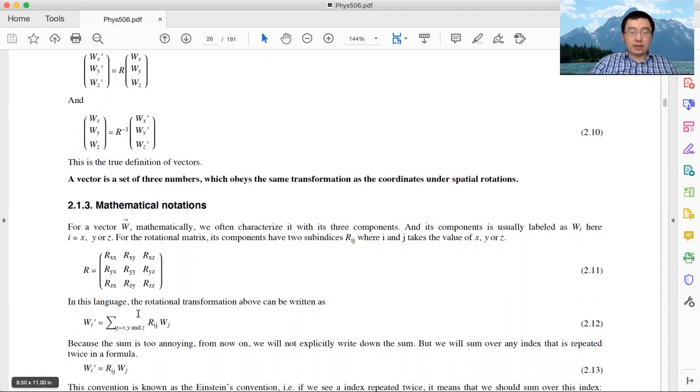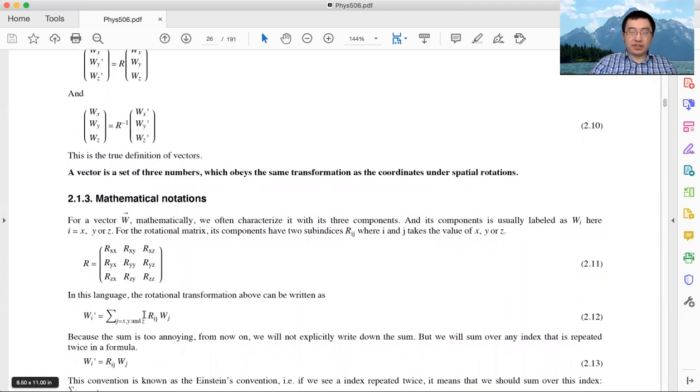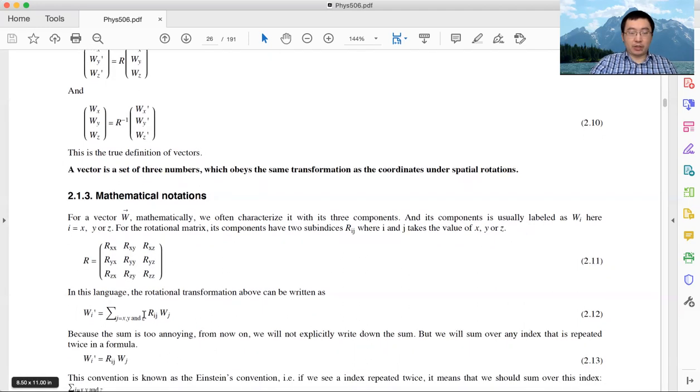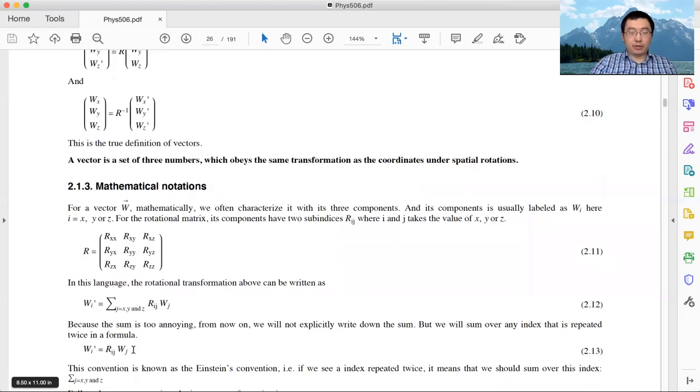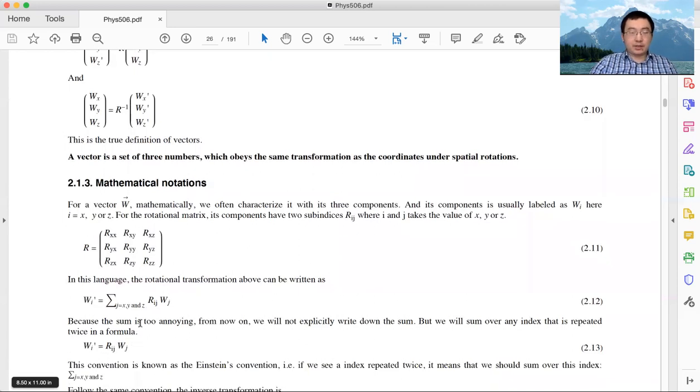In physics, especially in special relativity and general relativity, we usually follow the so-called Einstein's convention. Because we need to do this sum over j, Einstein's convention basically says let's throw away this sum sign. We don't write down this sum.